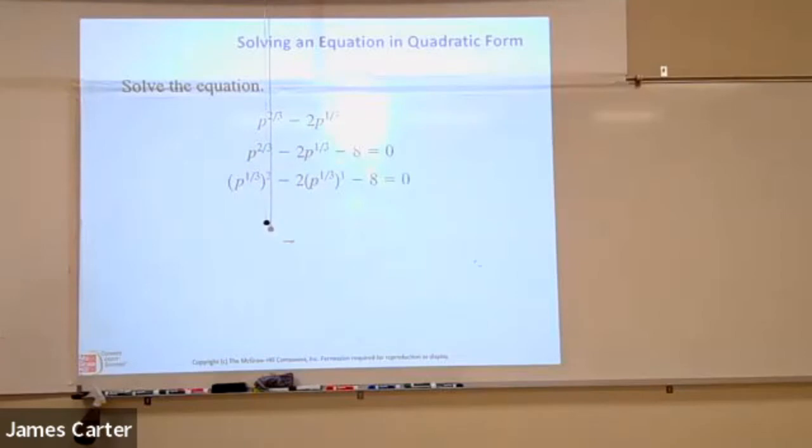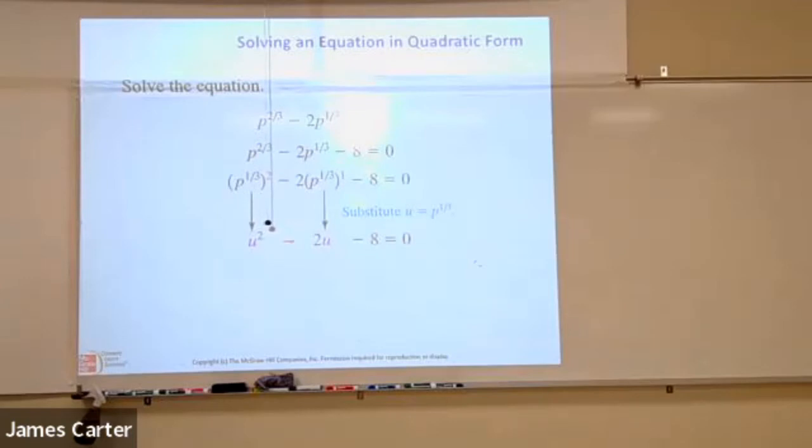So we're going to do a substitution that says u equals e to the 1/3. And then we're going to work this thing kind of normally, like that. Okay, this we should be able to work out pretty easy. 4 and 2 are the numbers, because that's negative.